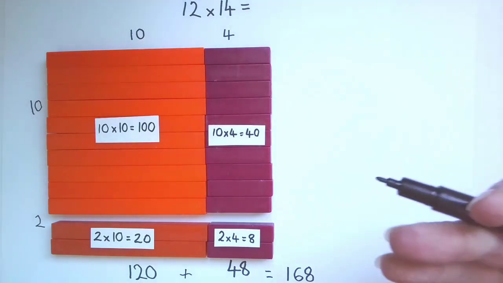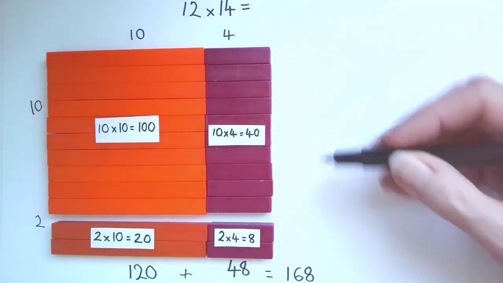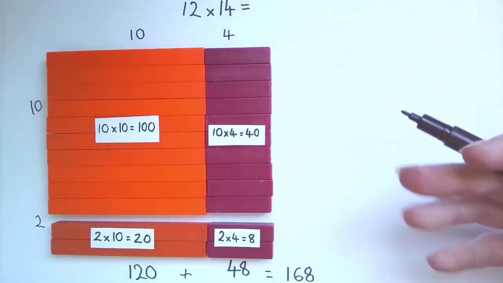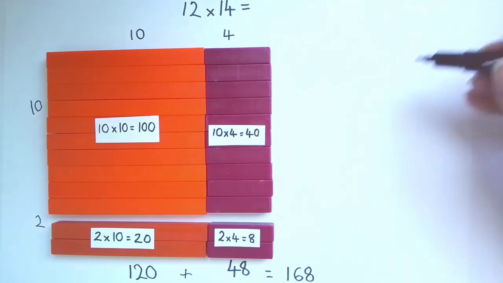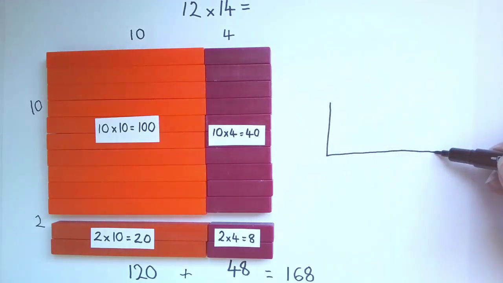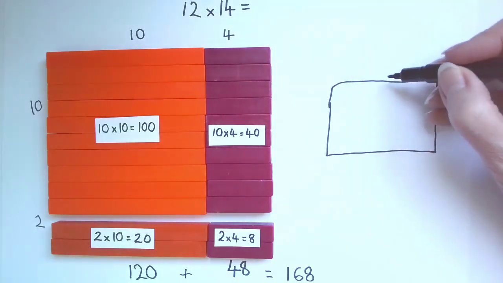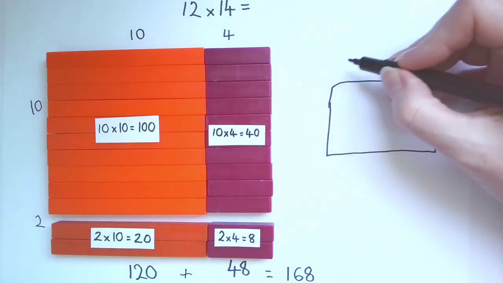So obviously we don't want to have to get manipulatives out every time we do a long multiplication, and to be quite honest, we probably don't have enough of the pieces. So let's first of all look at our grid method. So our grid method allows us to partition our number.